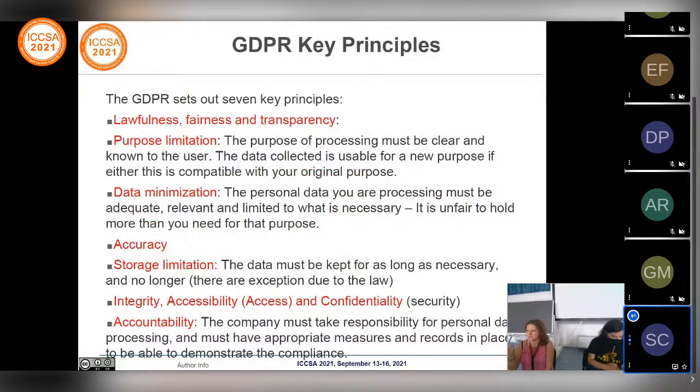Some key principles of the GDPR are listed in the slide, and among all these key principles, we focus on one principle, that is the right to be forgotten.